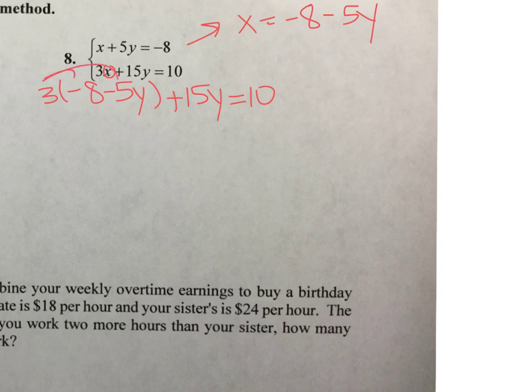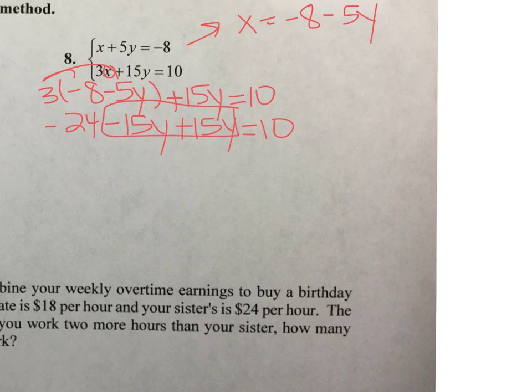I'm going to distribute to both terms, so I have -24 minus 15y plus 15y equals 10. All right, same thing's happening here. We have our variables canceling out. These combine and make 0.